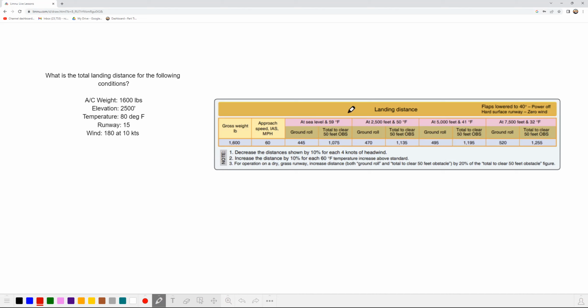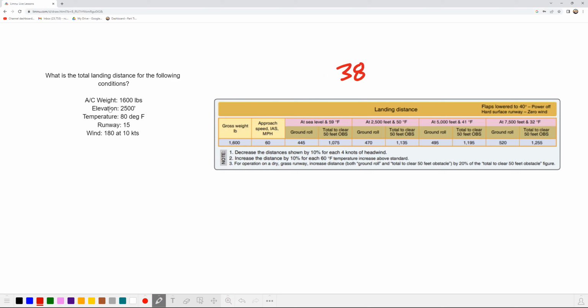All right, so this is the landing distance chart. I think this is figure 38 of the FAA knowledge testing supplement. So figure 38, this is what you'll have on your FAA written exam. And the question would be something like this: what is the total landing distance for the following conditions?